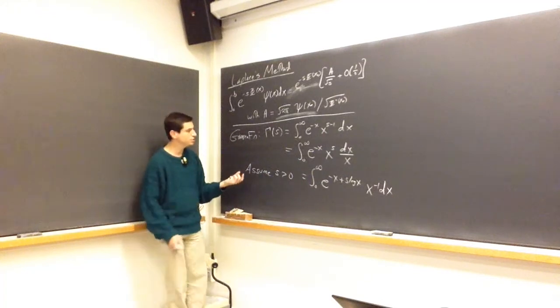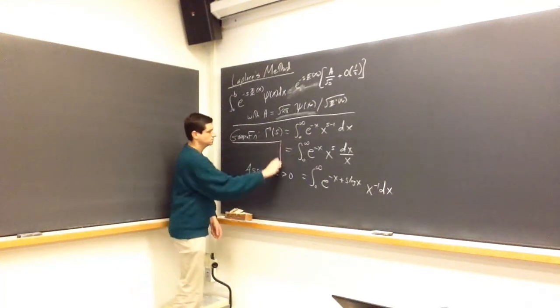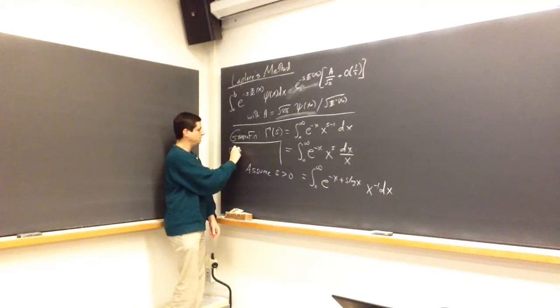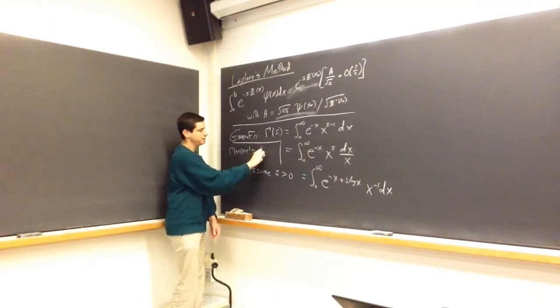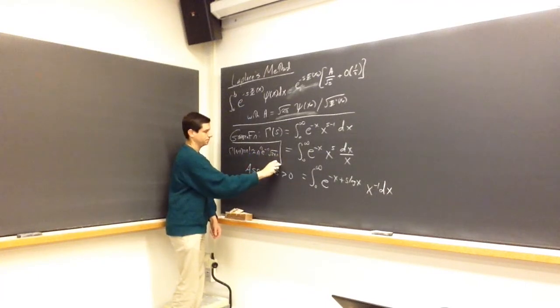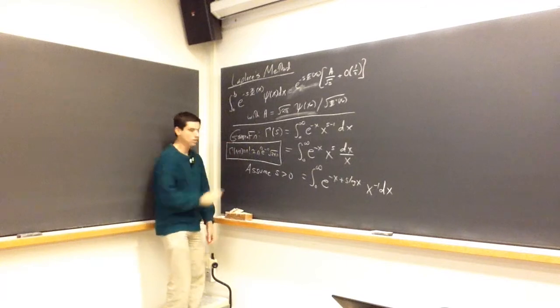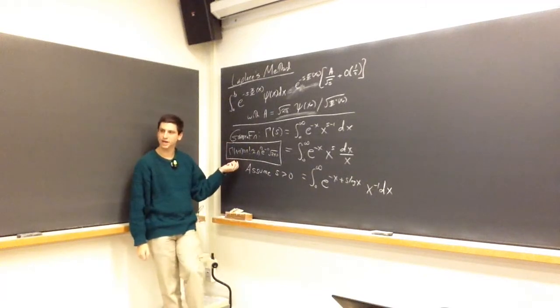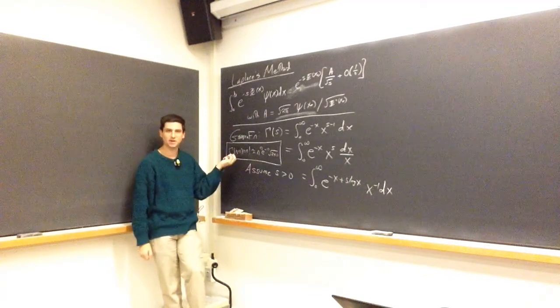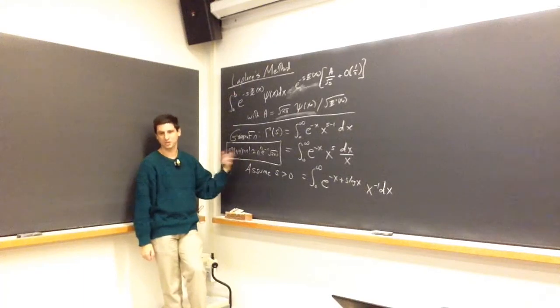And if you think about what Stirling's formula says, gamma of n plus 1, which is n factorial, is about n to the n, e to the minus n, square root of 2 pi n. We're roughly aiming for something like that, but the role of n is going to be played by either s or s plus 1 or s minus 1, something like that.